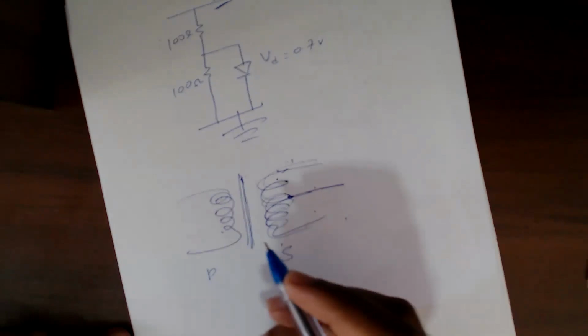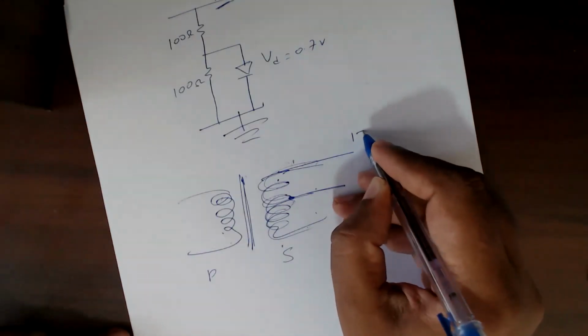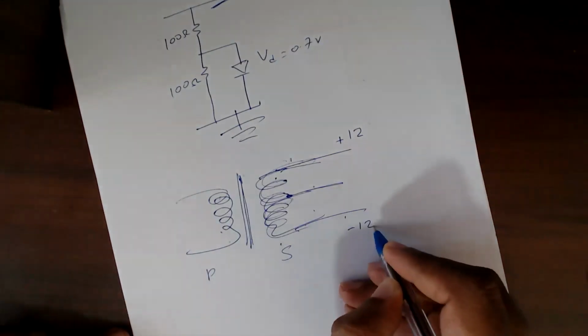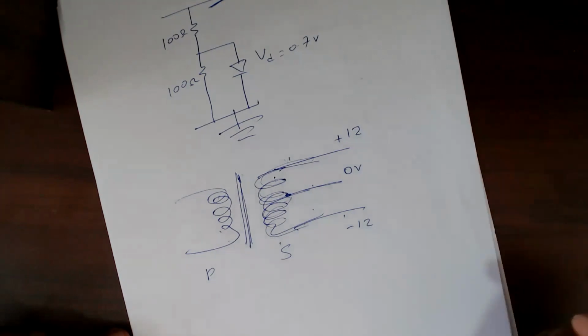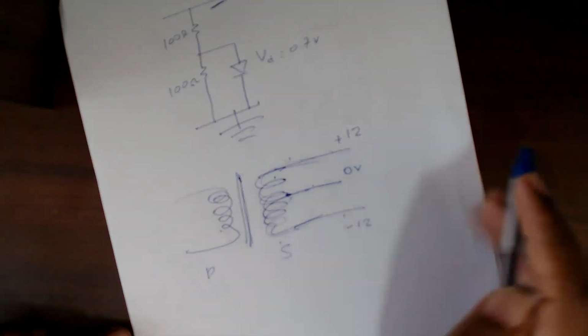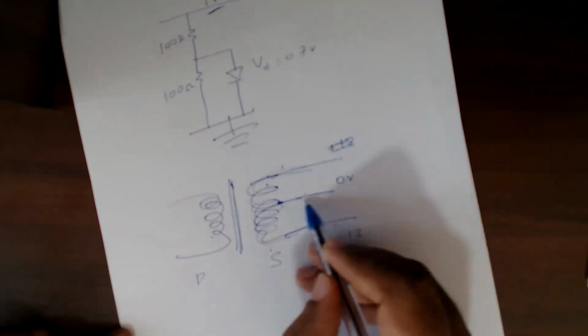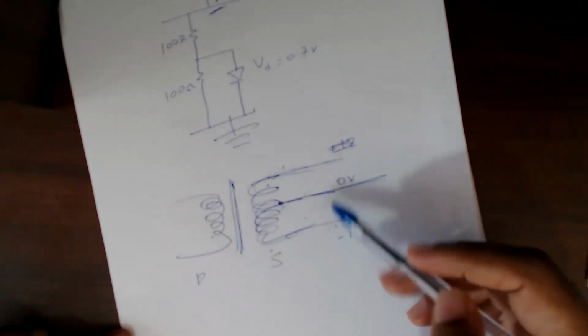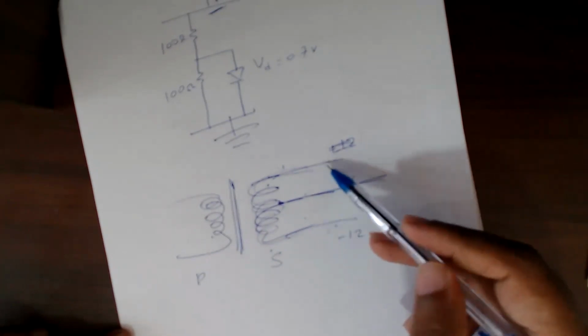If you're getting, let's say, 12 volts, assume this is positive and this is negative 12, the center point will be 0. Of course, you won't get positive or negative, you will get the AC one. But this will always remain 0. Only these two wires will start changing the voltage.